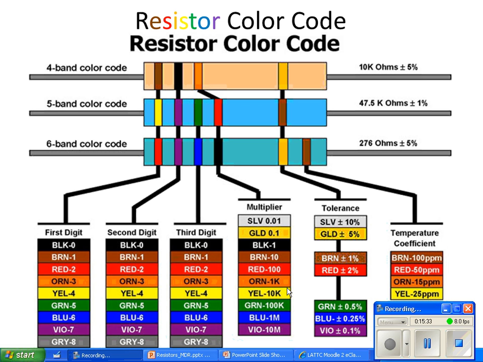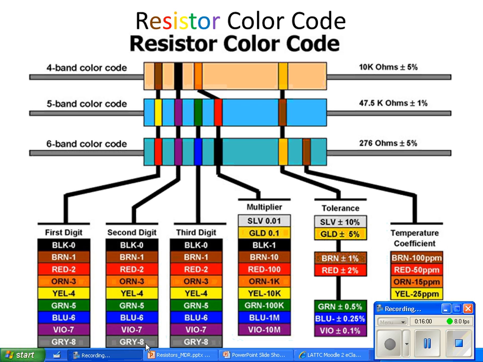They're going to charge a lot more for that one perfect one than all the rest of them. Out of 1,000, they'll literally only get a few. So yes, you need to know all of this except the temperature coefficient. You do not need to know the temperature coefficient. But the rest of this you actually need to know.